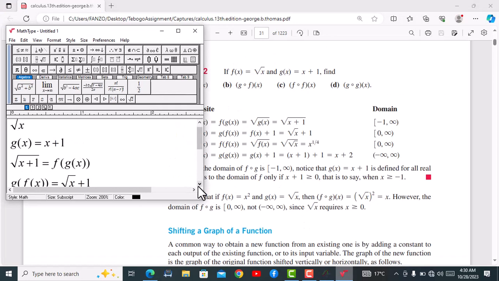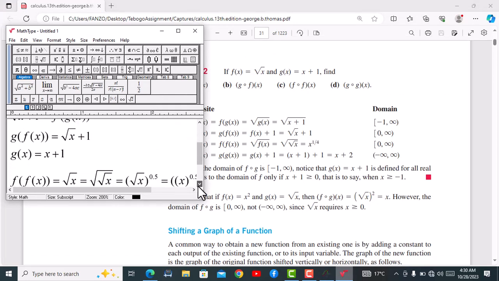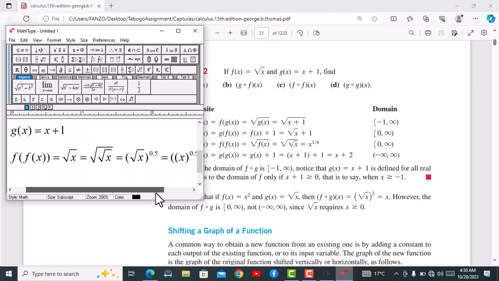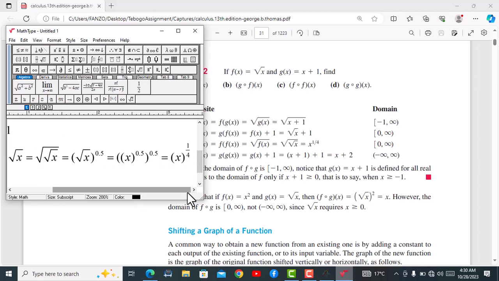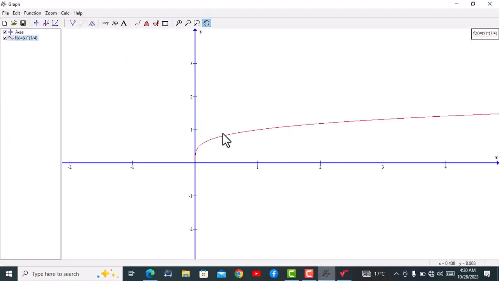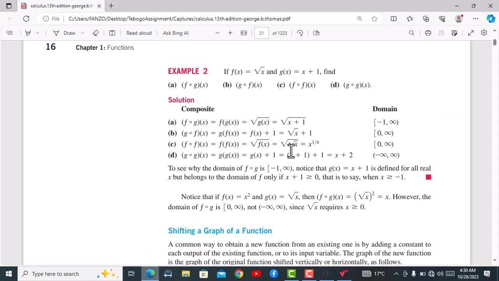Let's check how Thomas sees things. So we can come here. So we are correct, there it is, and 0 to positive infinity. Did we find that? Yes, 0 to positive infinity.